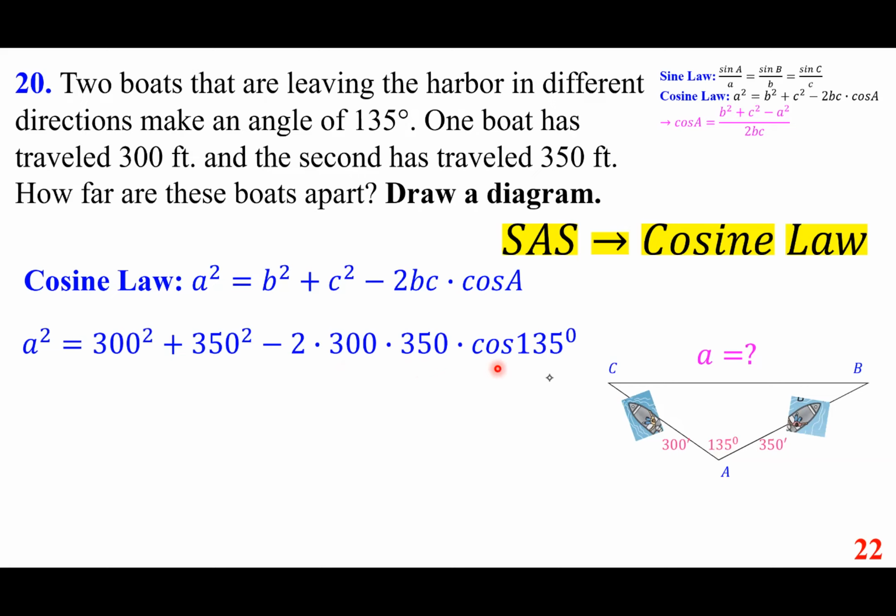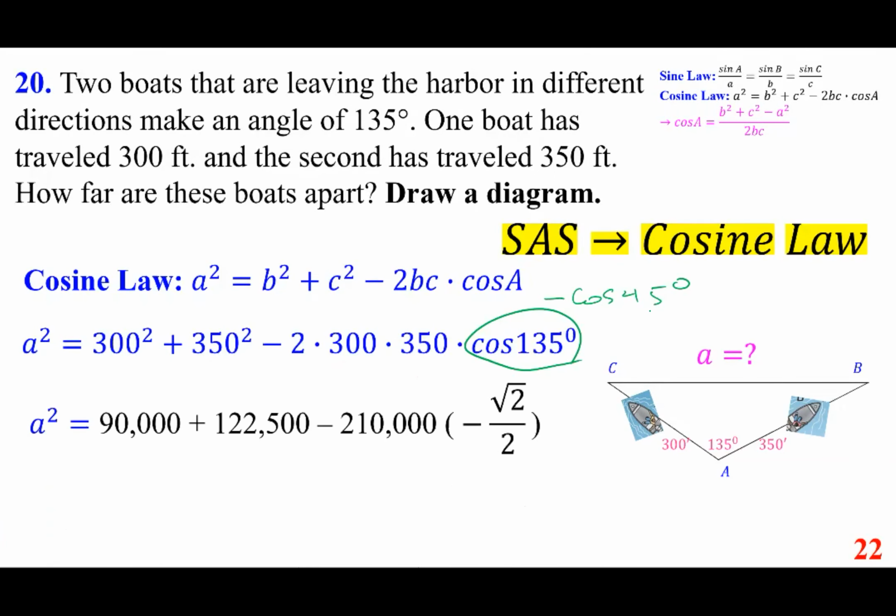The cosine of 135 is the same as cosine of 45. In the second quadrant, cosine is negative. So this becomes minus cosine of 45 degrees. Cosine of 45 degrees is square root of 2 over 2. So it's negative of that, just in case.